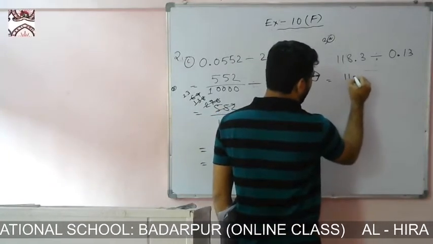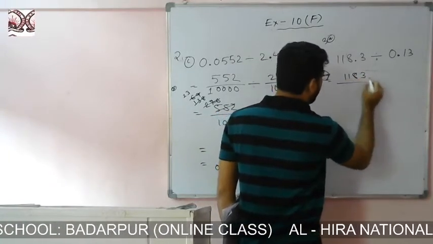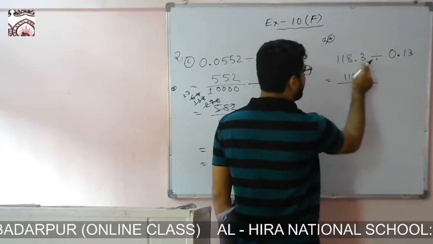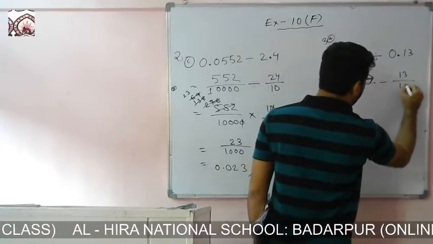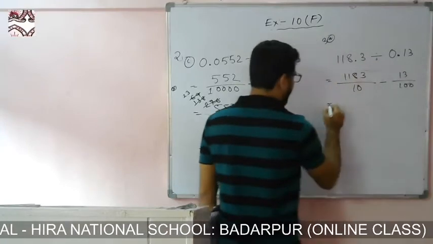So 83 divided by 10 only, because after the decimal 1 digit, divided by 13 divided by 100, because here 2 digits after the decimal point.